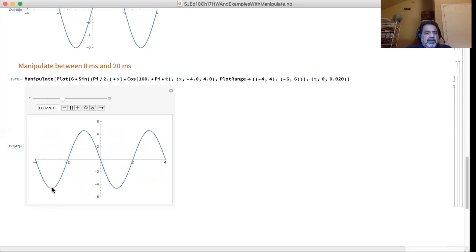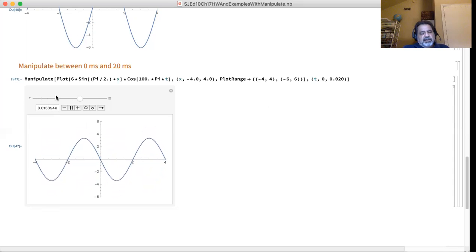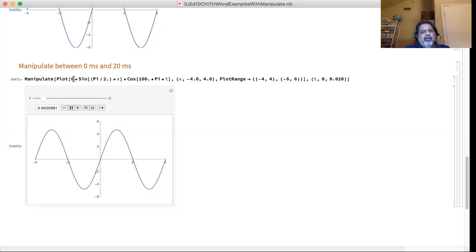Here it's at -6, and it's going to go up to +6. Ordinarily, sine and cosine only go from -1 to 1, but we have a factor of 6 here. That's how we're getting the 6.